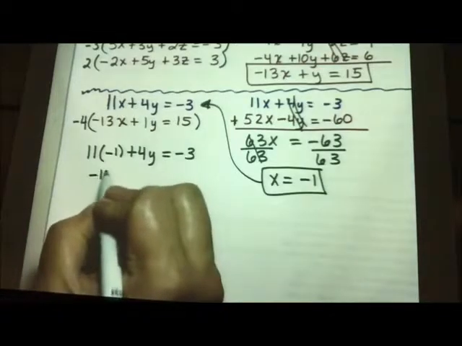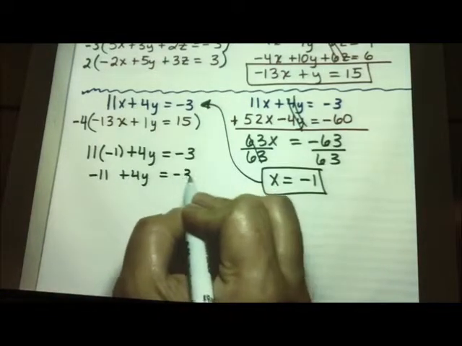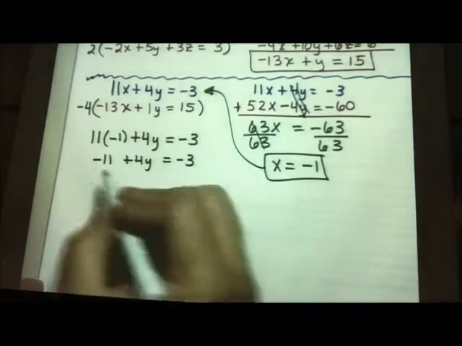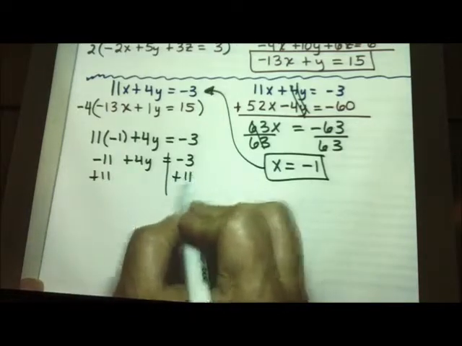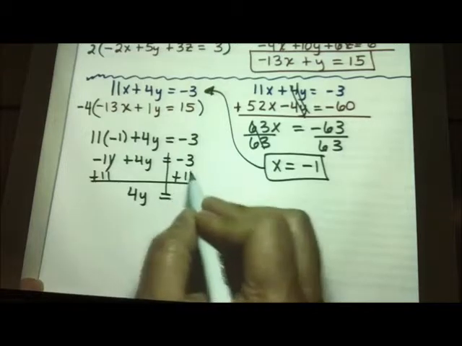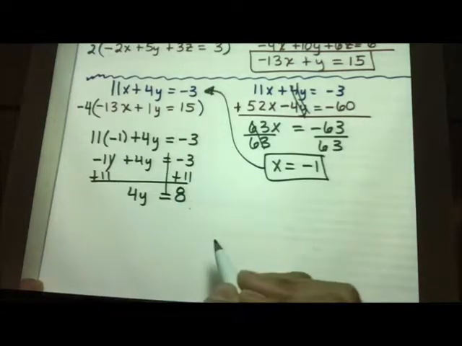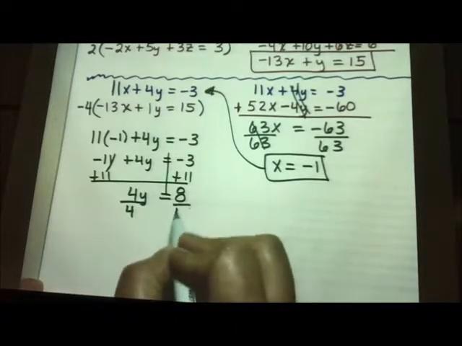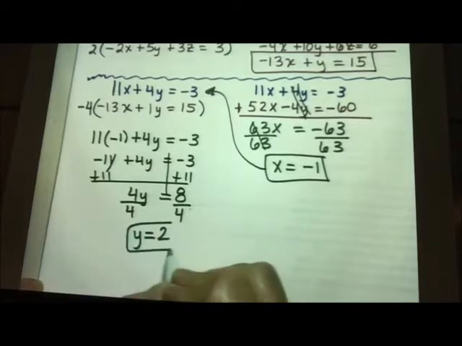This becomes a negative 11 plus 4y equals a negative 3. So now I would add 11, 4y equals negative 3 plus 11 would be 8. Divide by 4, divide by 4, y equals 2.